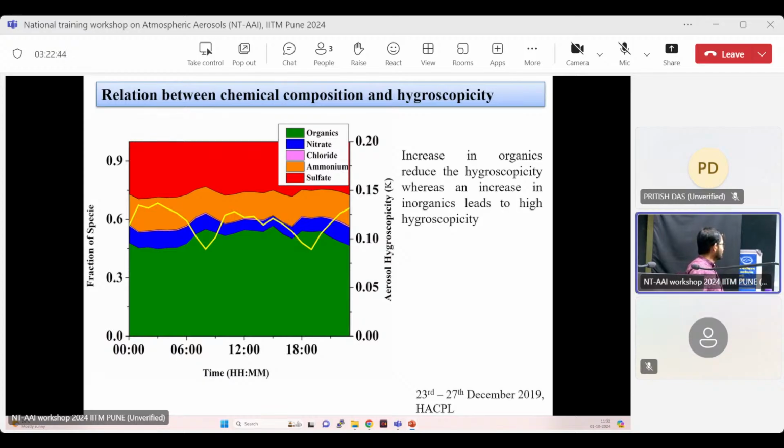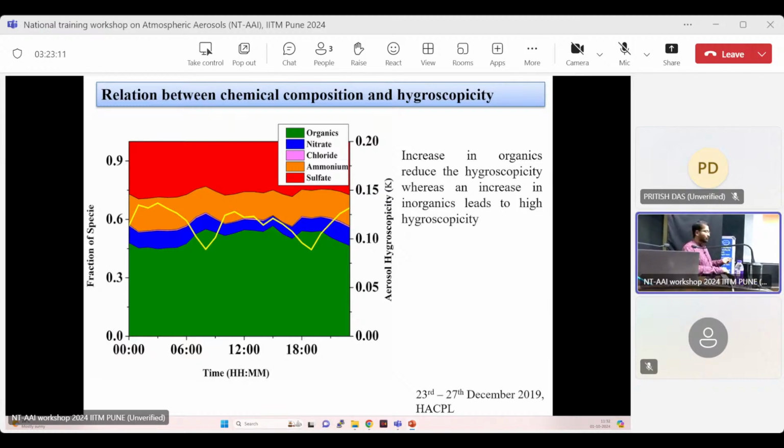If you see here, when the kappa is high, your inorganic chemical compositions are higher. Up to this blue line, these are all inorganic composition. The blue is nitrate, this magenta is not visible because its concentration is very low, ammonium is orange, and the red one is sulfate. So whenever you have more inorganic concentration, you are getting higher kappa.